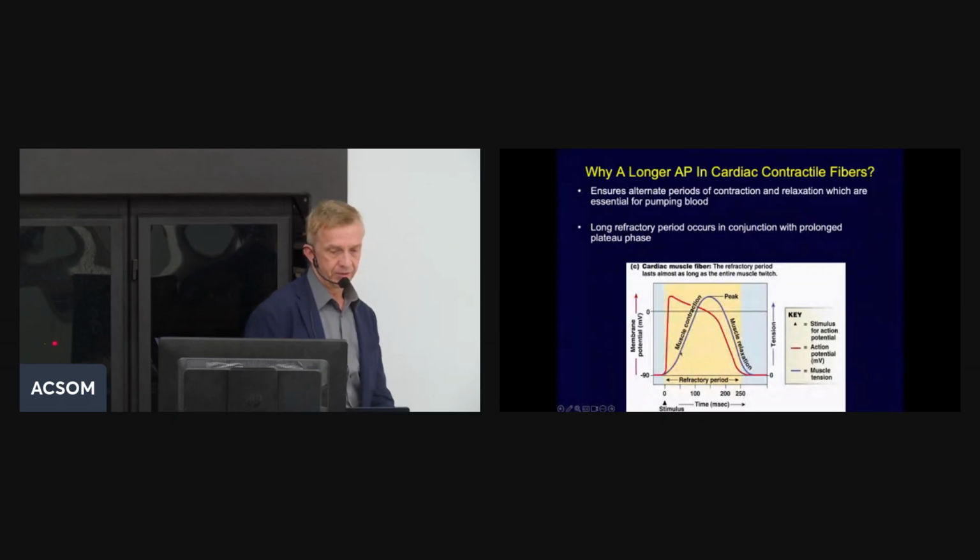So this is the electrical activity, the action potential, and this is the cardiac muscle contraction, which peaks a little bit past the plateau, or at the end of the plateau phase, and then muscle relaxation. And you can see the very long refractory period.